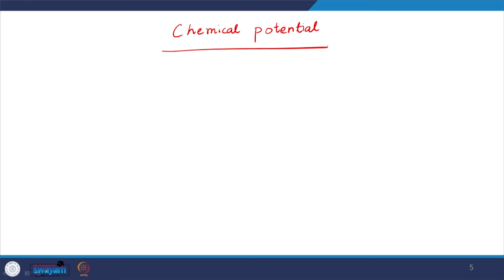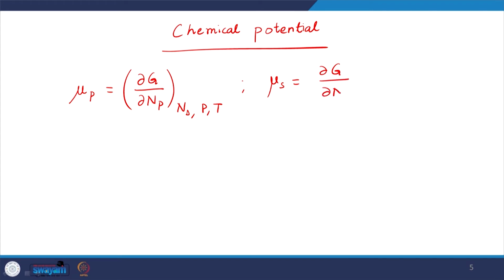So, by definition, the chemical potential of the solute is given as ∂G/∂N_p at constant N_s, pressure and temperature. Again, pressure is inconsequential here, and mu_s is given as ∂G/∂N_s at constant N_p, pressure and temperature.